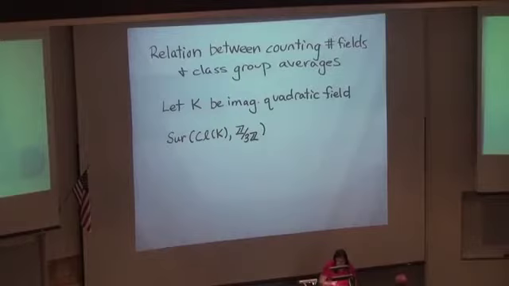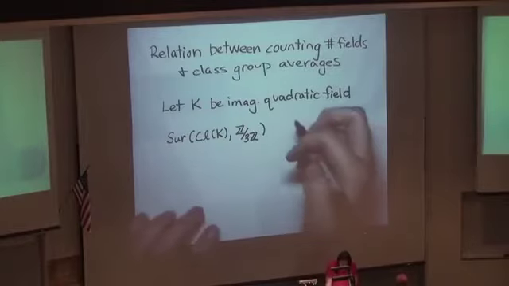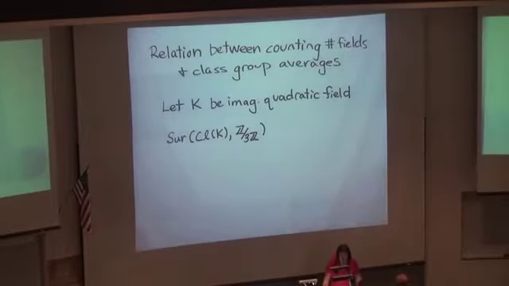So surjections from the class group to Z mod 3. Another way of saying that is Z mod 3 quotients of the class group.